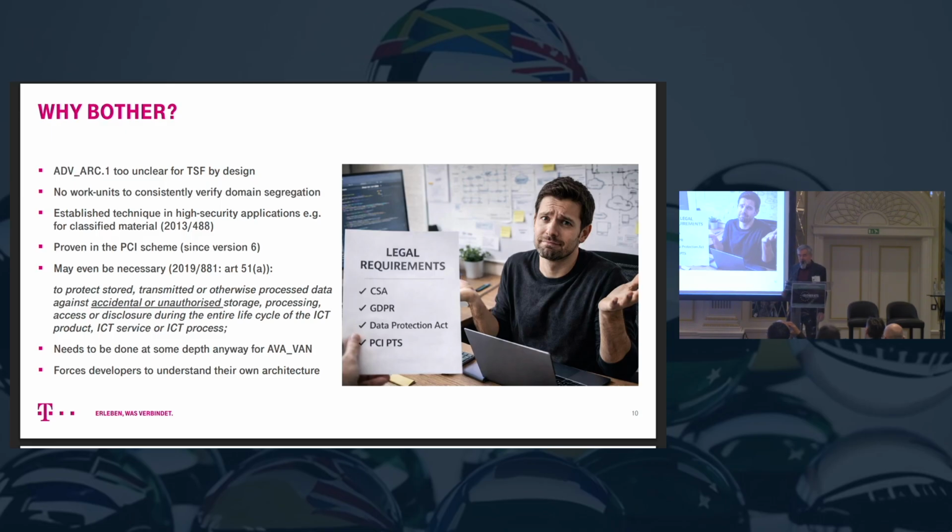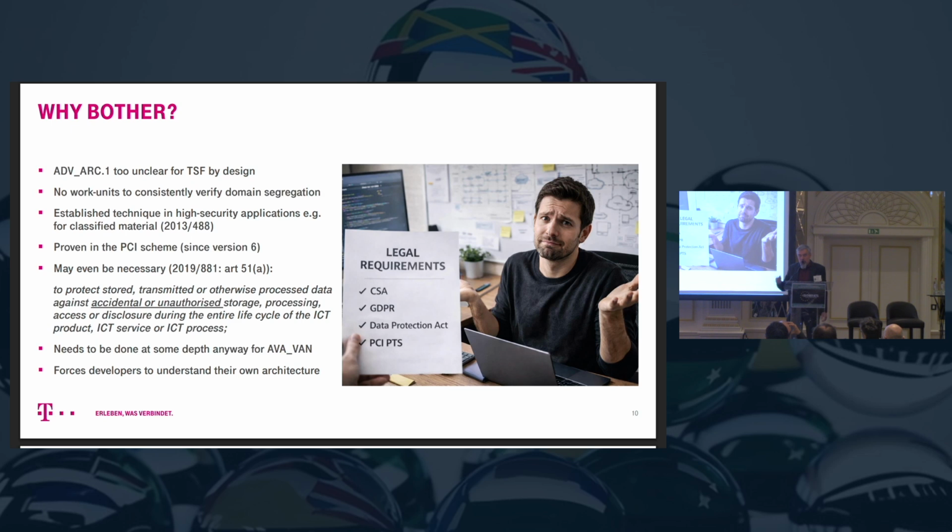And when we look at something like 2019/881, then it may even be necessary to do something like this. When we say the goal is to protect stored, transmitted, or otherwise processed data against accidental or unauthorized storage, processing, access, or disclosure during the entire life cycle of the ICT product, service, or process, well, this is exactly what the asset flow analysis does.